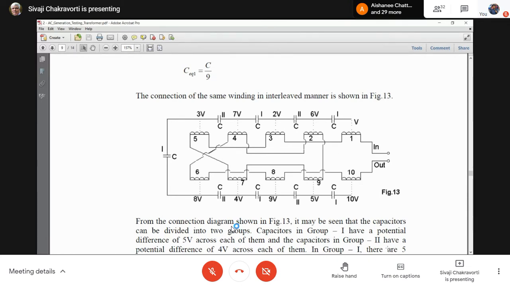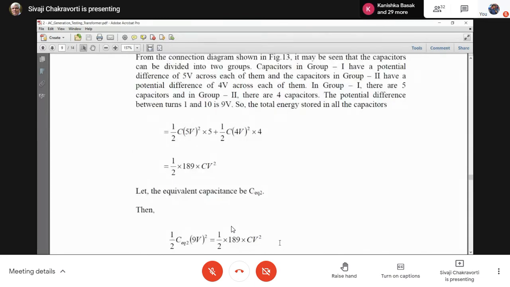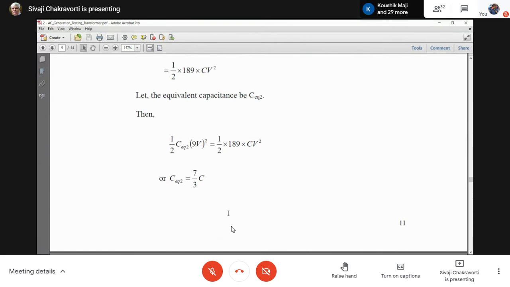So I have 9 capacitances: 5 capacitances with 5V, 4 capacitances with 4V. So what is the total energy? Half C into 5V square, that is into 5, plus half C into 4V square into 4. That is the total energy, and this is equal to half C equivalent into 9V square. And I find that the C equivalent becomes 7C by 3.